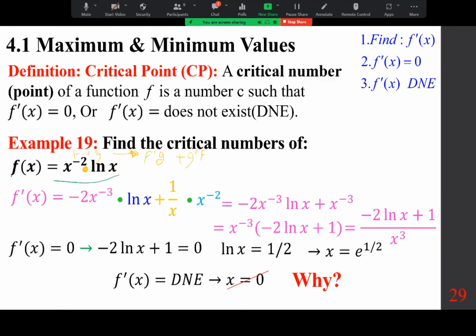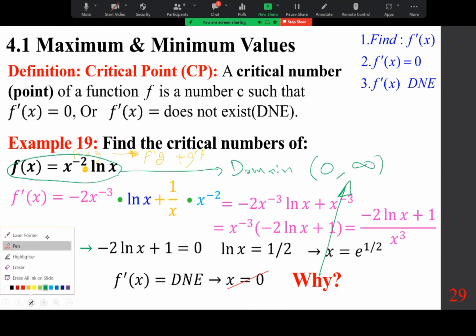So the domain is restricted with the domain of ln x, which is 0 to infinity. So 0 is not included. Please understand, for x to the power of -2, which is a rational function, the domain is all real numbers except 0. Okay, but always we go with the more limiting factor.